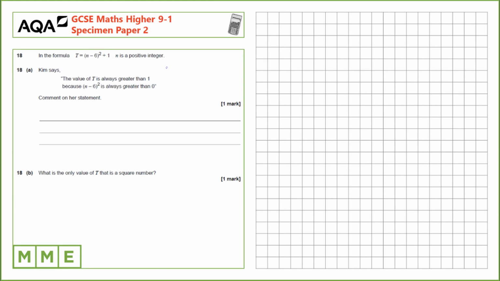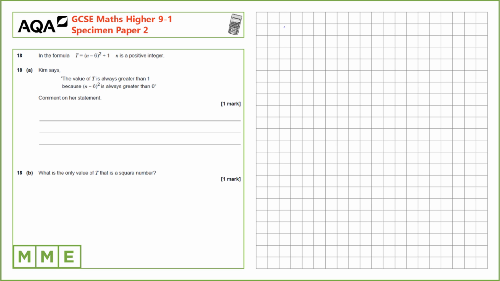Question 18. In the formula t equals (n minus 6) all squared plus 1, n is a positive integer. Kim says that the value of t is always greater than 1 because (n minus 6) all squared is always greater than 0. We have to comment on her statement for 1 mark. So, let's see what we can substitute into here and see what changes the value of it.